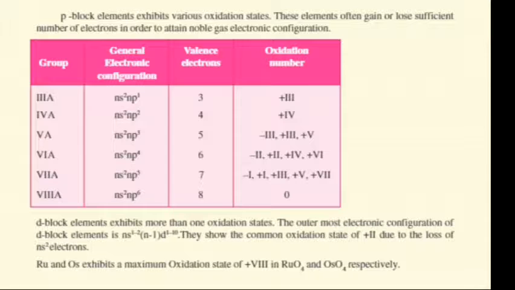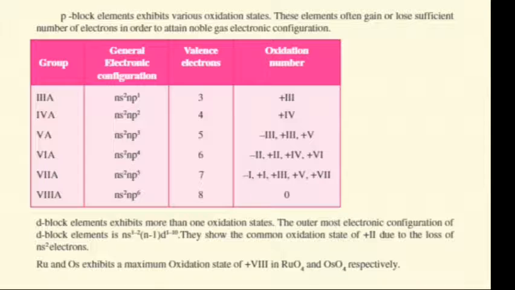Group 5A, general electronic configuration ns2 np3, valency electrons 5, oxidation number -3, +3, +5. Group 6A, general electronic configuration ns2 np4, valency electrons 6, oxidation number -2, +2, +4, +6.